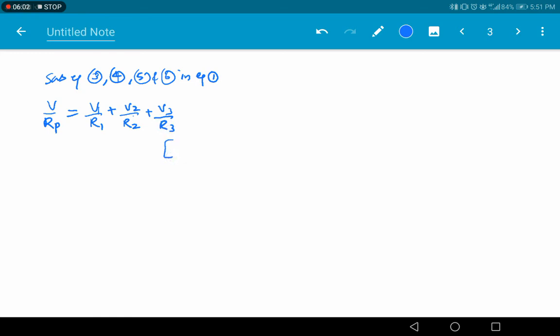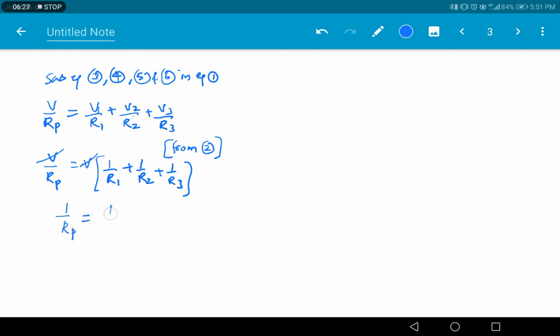But we know that in parallel combination V1, V2, V3 are the same as V, so we can take V common from the right hand side. So 1 by R1 plus 1 by R2 plus 1 by R3 equals 1 by Rp, after we cancel V on both sides.